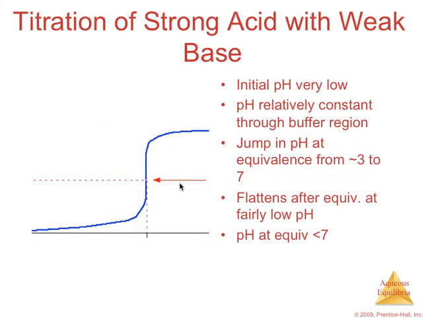What does a strong acid with a weak base look like? You can see the curve looks more like a strong acid in this part. The initial pH is relatively very low. The pH is relatively constant through the buffer region. There is a jump in pH, and it flattens out after the equivalence point at a fairly low pH.